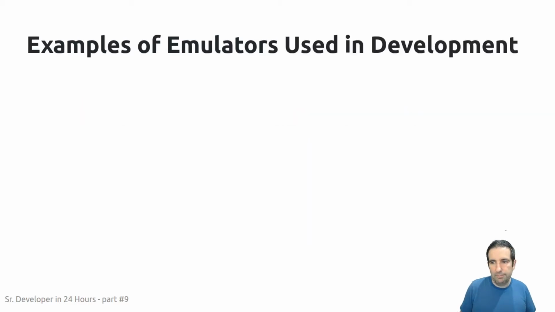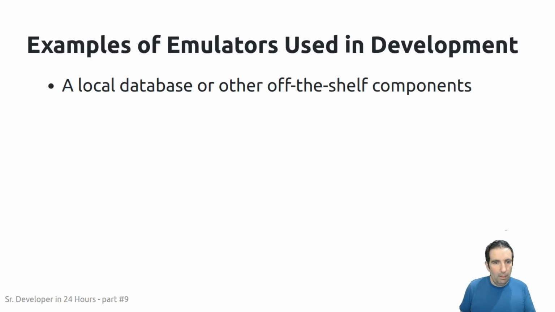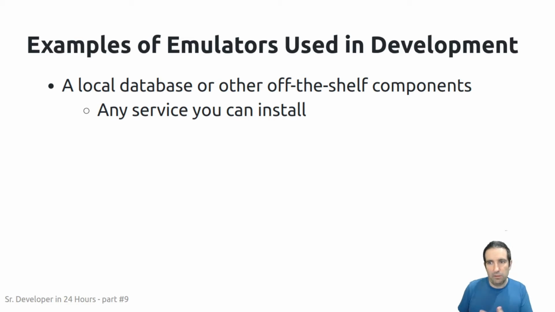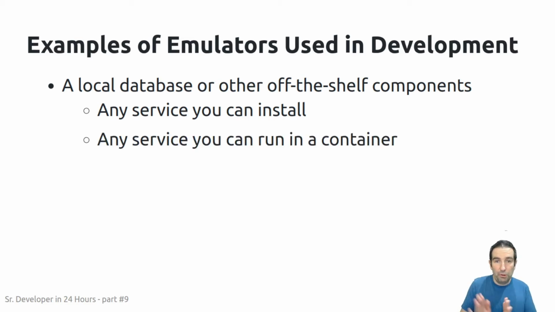But it can also be a library that allows us to start a service inside of our own process. Okay, so here are some of the examples of emulators and how they can be used during development. For example, we can use a local instance of a database or other off-the-shelf component. If you can install it locally, you can run it. To make it easier for your teammates to be able to run this, if you can run it in a container, much better.